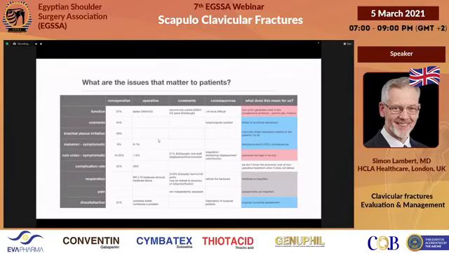The features of the fracture that generate periosteal damage and therefore non-union include displacement, of course, not just translation of 1.5 to 2 centimeters, but also rotation, which is inevitable where the lateral aspect of the clavicle rotates ventrally under the weight of the arm, thus rotating the scapula dorsally and laterally.